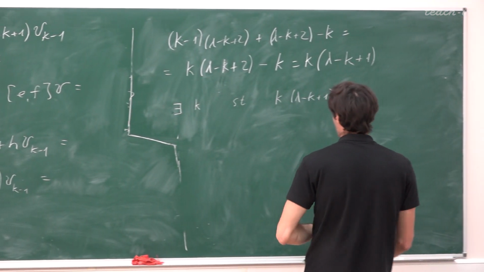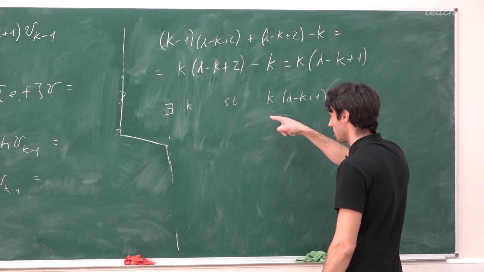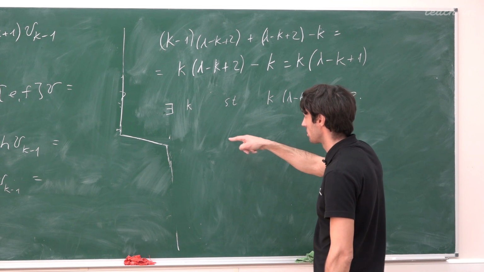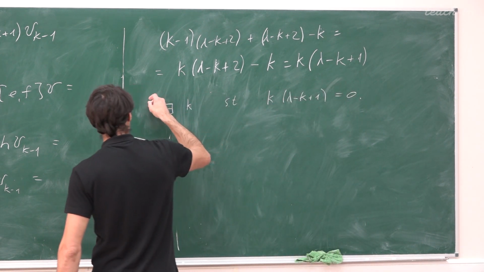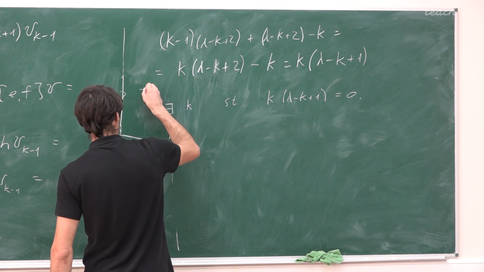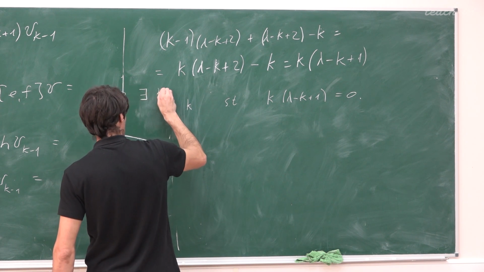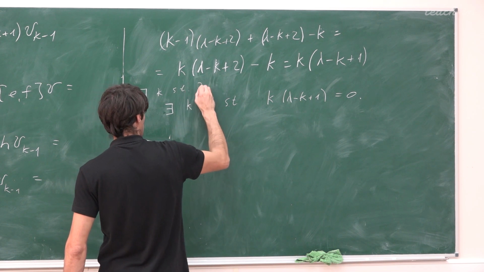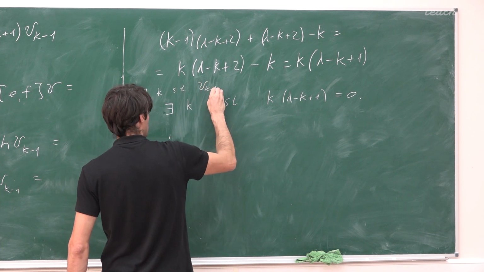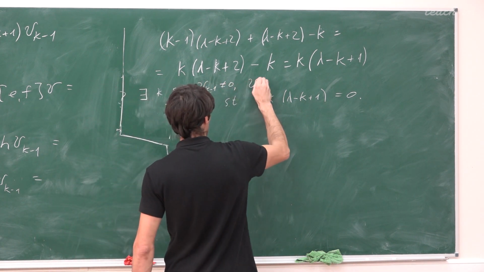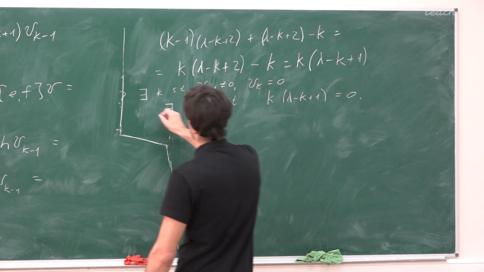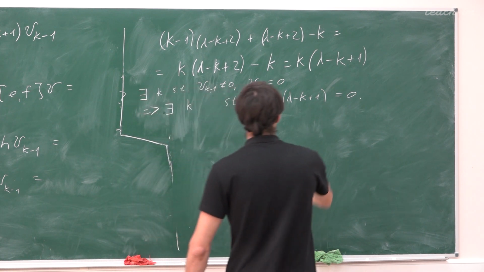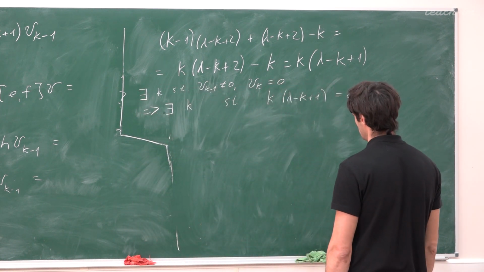This happens because there exists k such that v k minus 1 is not 0 and v k is 0.